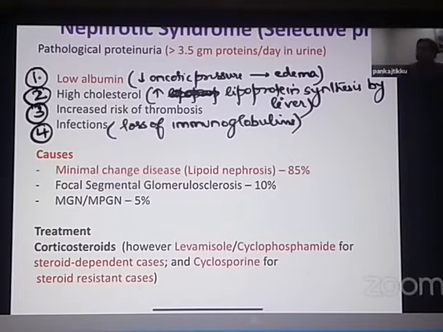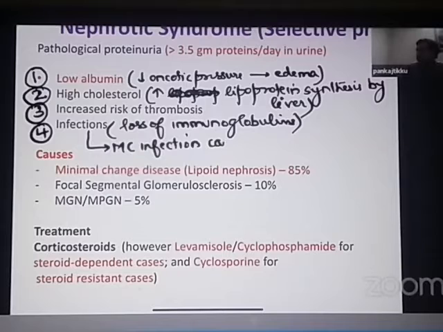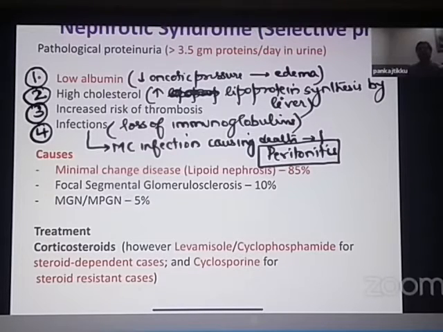The primary infection that is known to cause death in these children, the most common infection which causes death, is peritonitis. So which is the most common infection which occurs in nephrotic syndrome and is known to cause death?